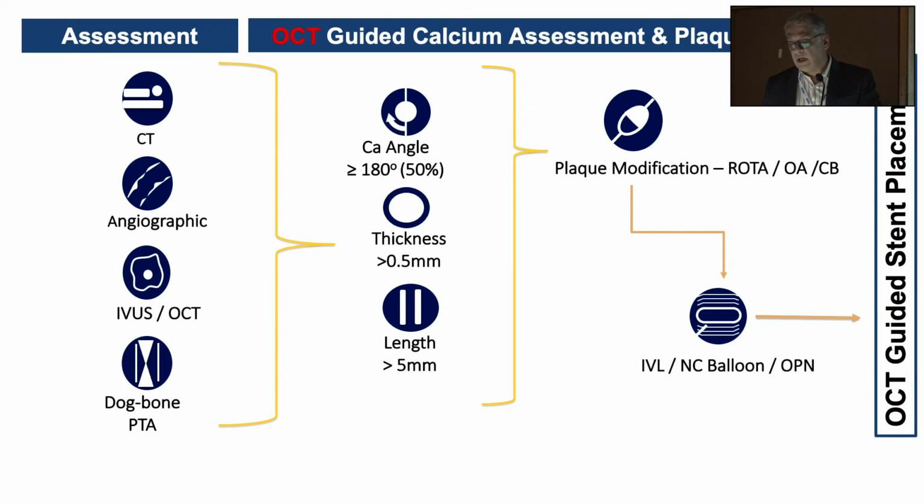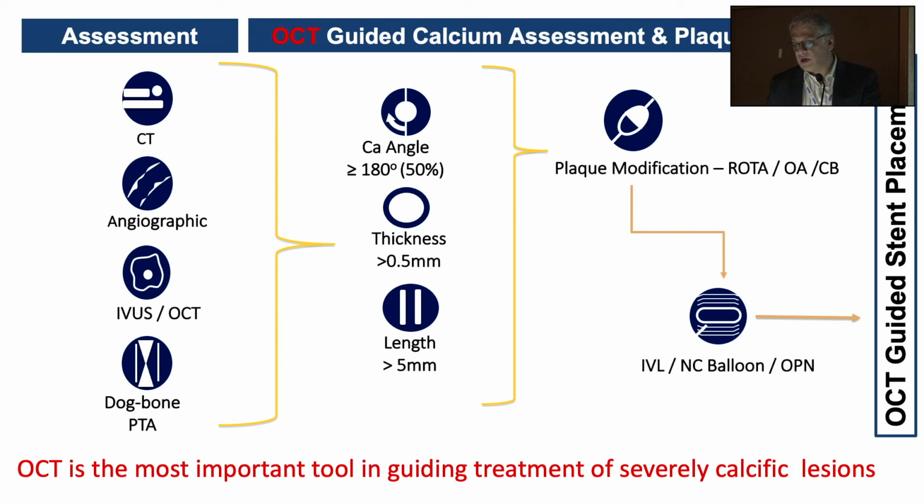And as far as calcium assessment is concerned, I think OCT probably scores over IVUS, and when you have severe calcification, then you could use all the available tools appropriately in order to get the best outcomes for your patient.